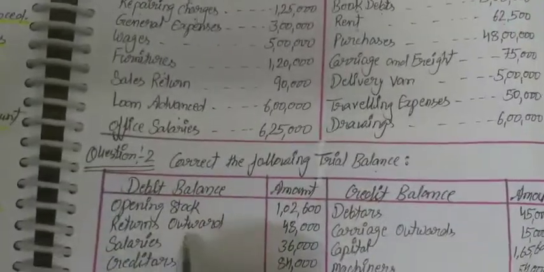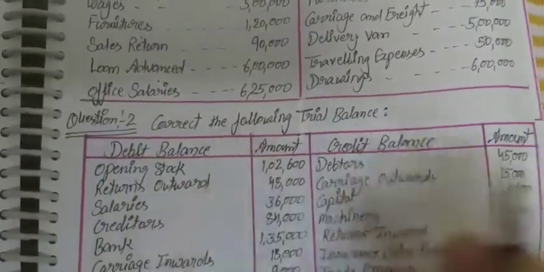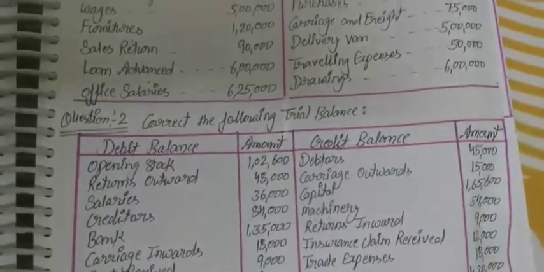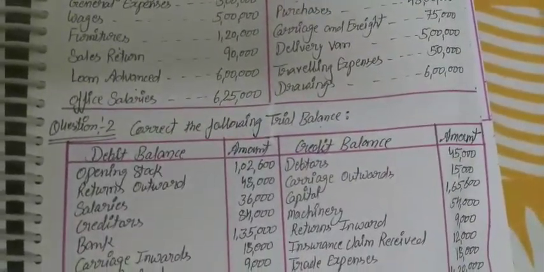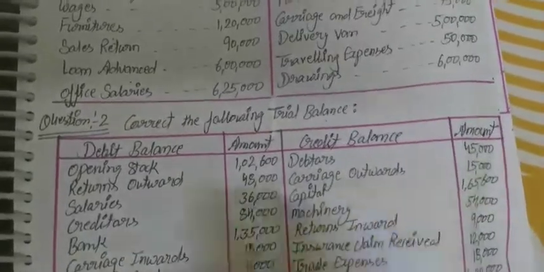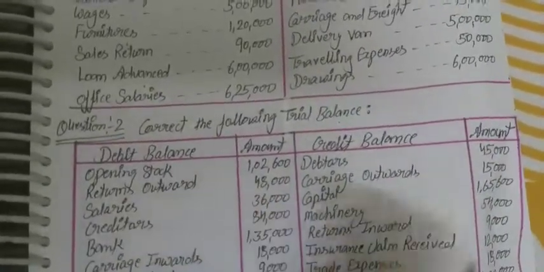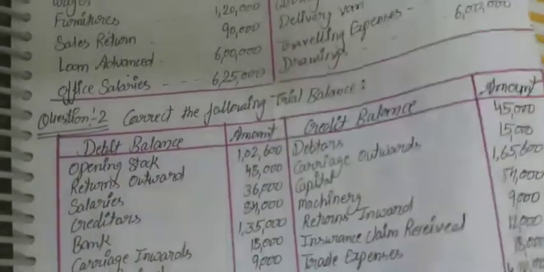Next one is return outward. Return outward means goods we purchased but are now returning to the outsider. So it is a purchase return, and it will show on the credit side.